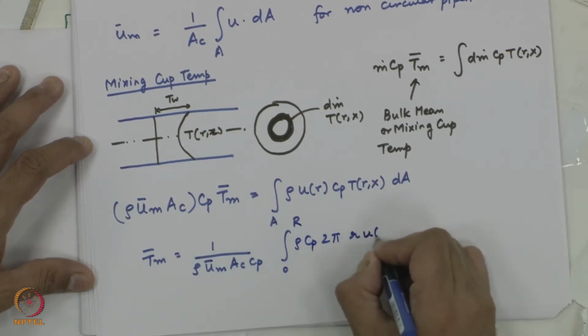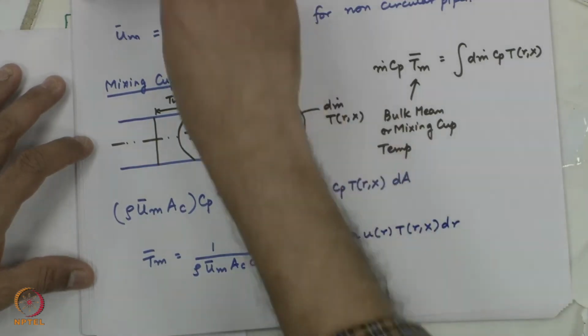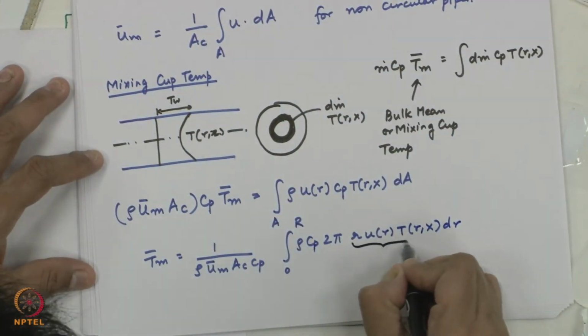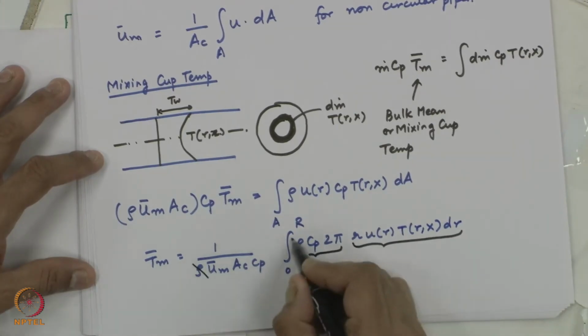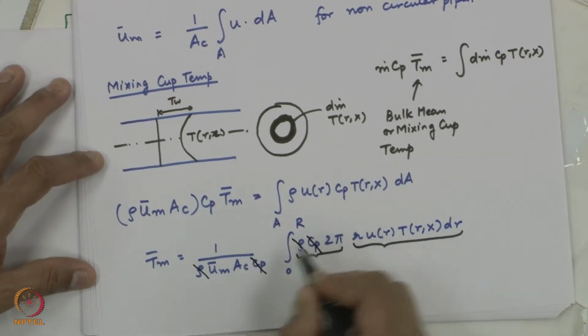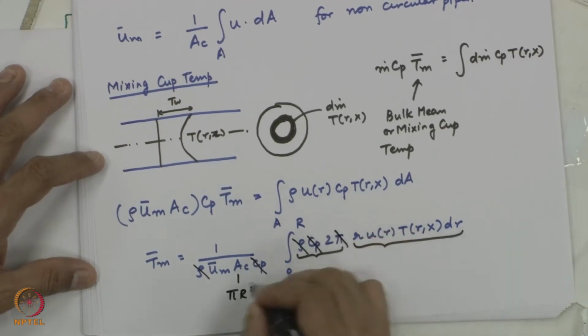So, I am keeping these things together because these are variables, these are constants. So, rho cancels, Cp cancels, and A is pi r squared, so pi cancels.